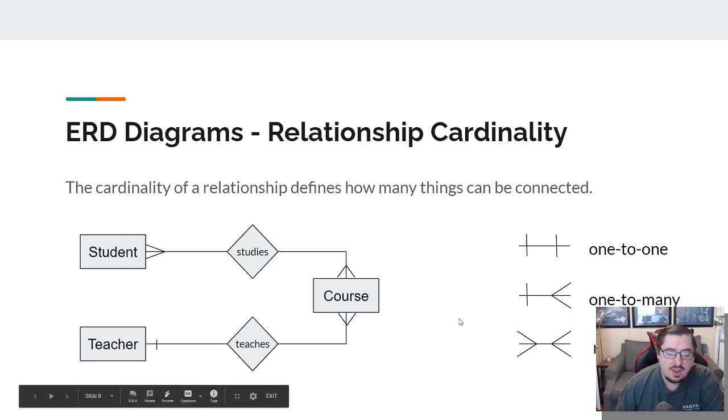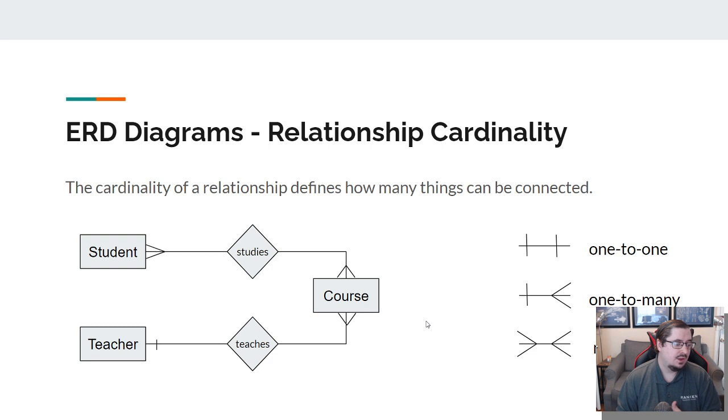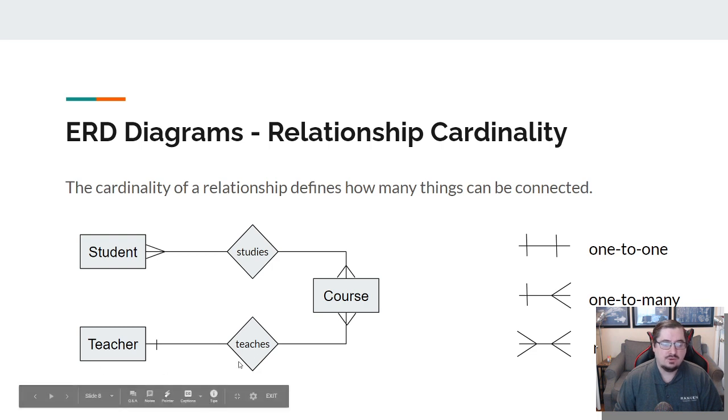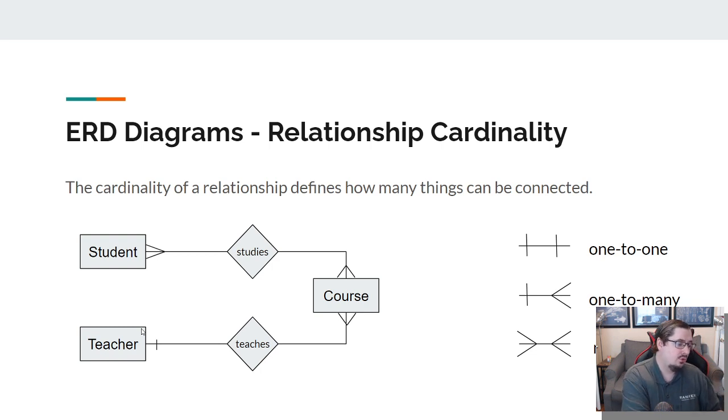So the kind of relationship that you choose here can have a very big impact on your end users. One of the things we've already ingrained in here: if I choose this relationship between teachers and course being one to many, I can't then go build a system that allows a course to have multiple teachers.